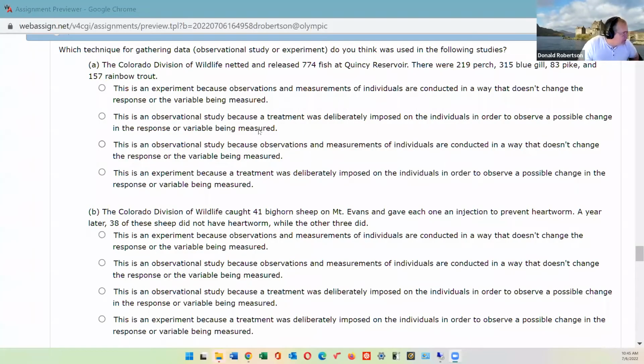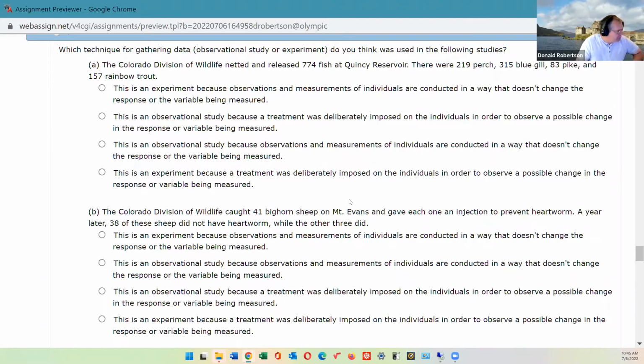So let's move on. So we are looking now at observational study or an experiment. And I'm going to show you just an example of what that question would look like. They're very wordy. So here we go. Which technique, observational study or experiment, do you think was used in the following?